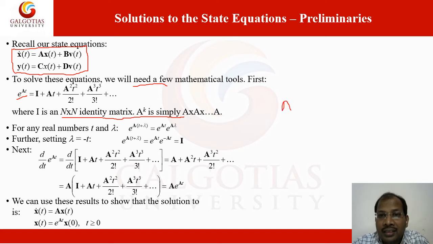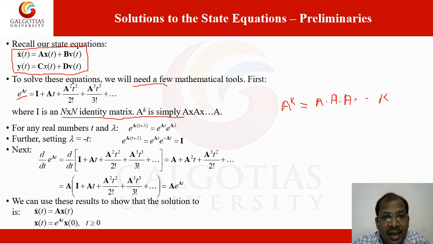A to power k means the product A dot A, this one, up to k times. So that is A to power k.